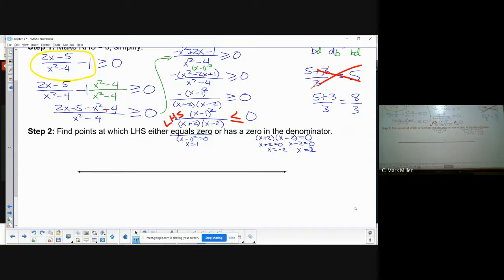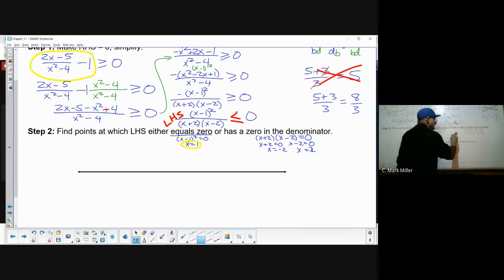All right. What do we do? I want to make sure that's sunk in. These points, x equal 1, minus 2, and 2, those are the points at which you can change signs.